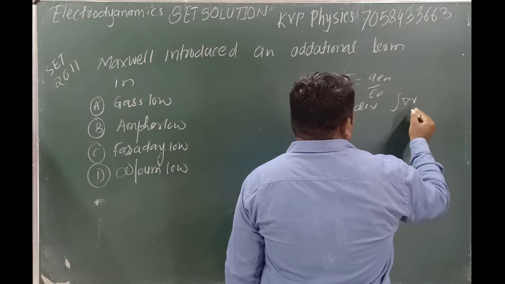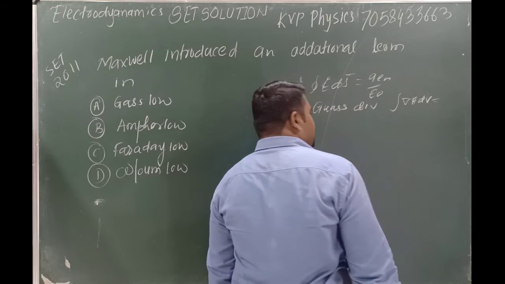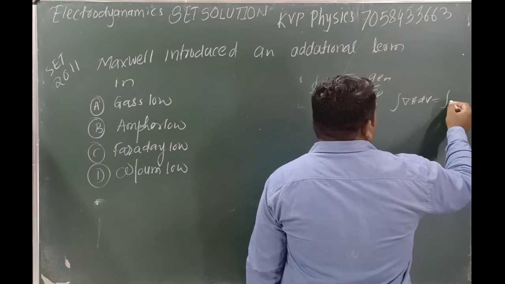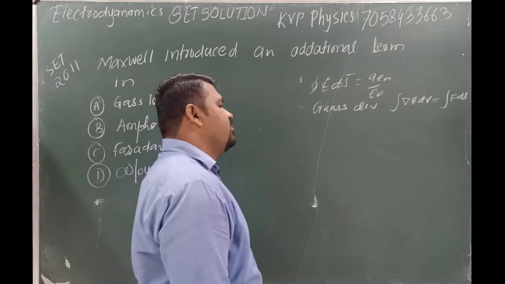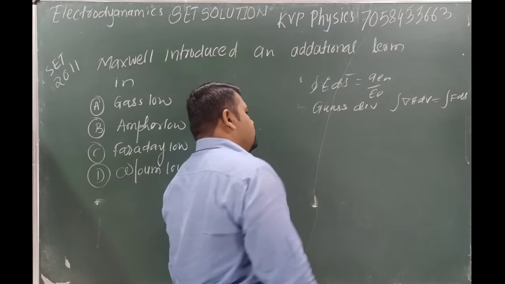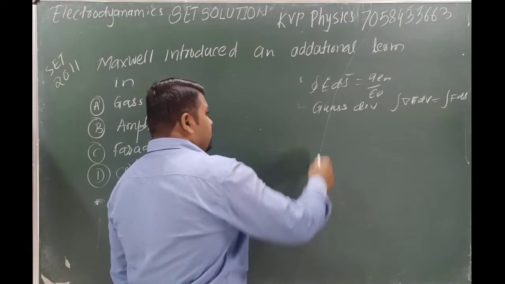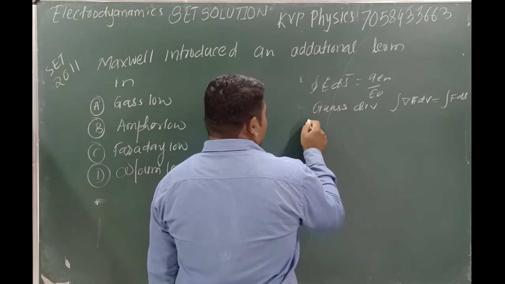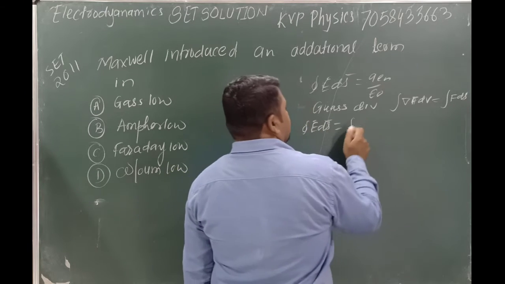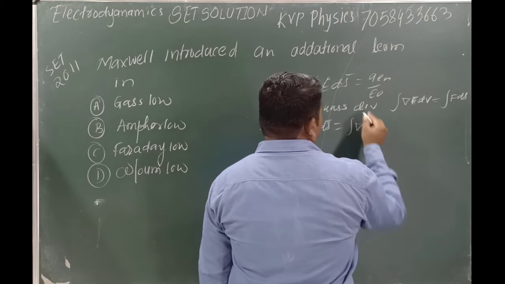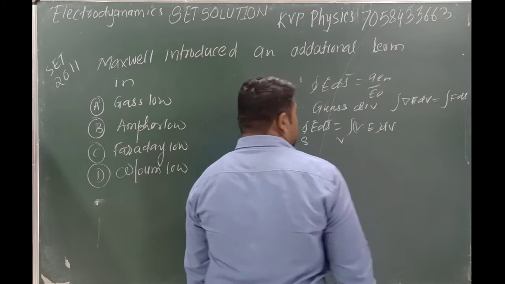Closed integral of f bar dot ds bar is equal to the volume integral of del bar dot f bar dv. Now apply this to Gauss law: closed integral E bar dot ds bar becomes integral del bar dot E bar dv. Means the surface integral is converted into a volume integral.